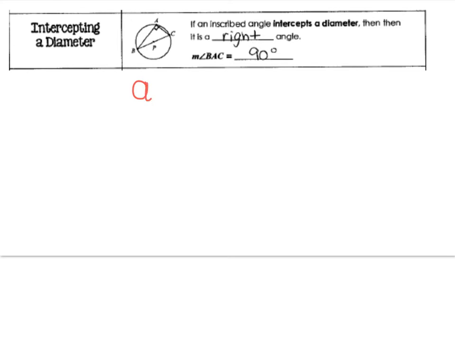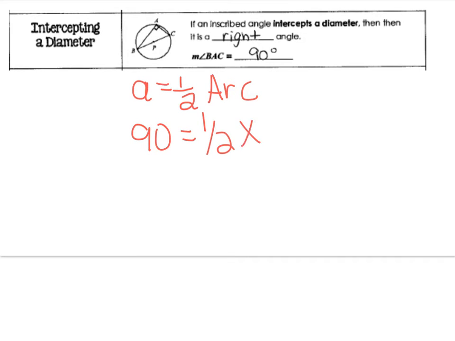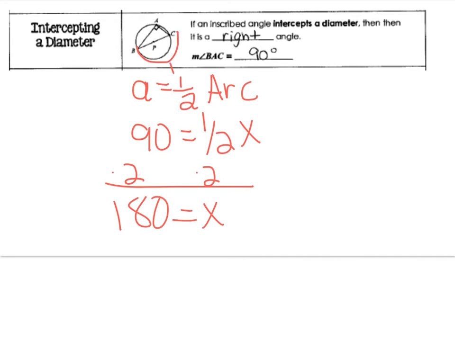So we know the formula is the angle is equal to half the arc. So if our angle is 90 degrees, 90 is equal to half of what? Okay, so we will multiply both sides by 2, and that'll give us 180 is equal to x. So this arc here is 180 degrees.